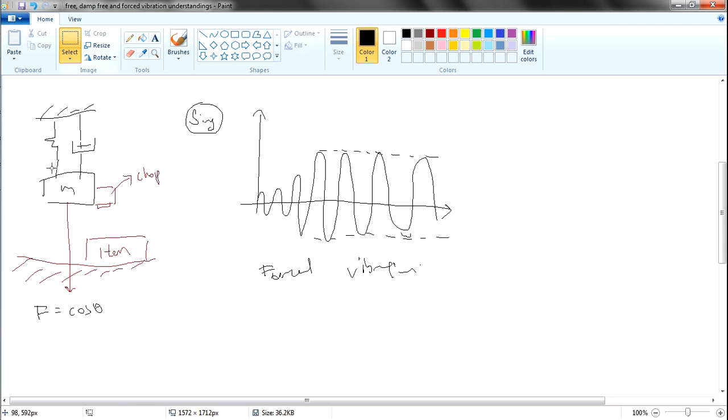As I said earlier, this force is constantly bringing this whole thing down one by one, maybe 1 second by 1 second. So in other words, forced vibration is like a move. The force itself causes the whole system to keep moving and moving.